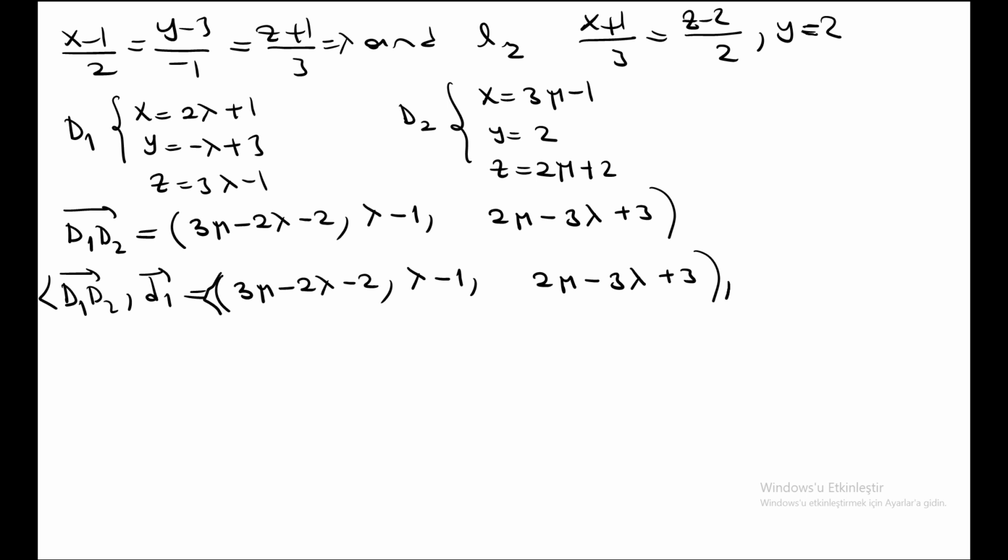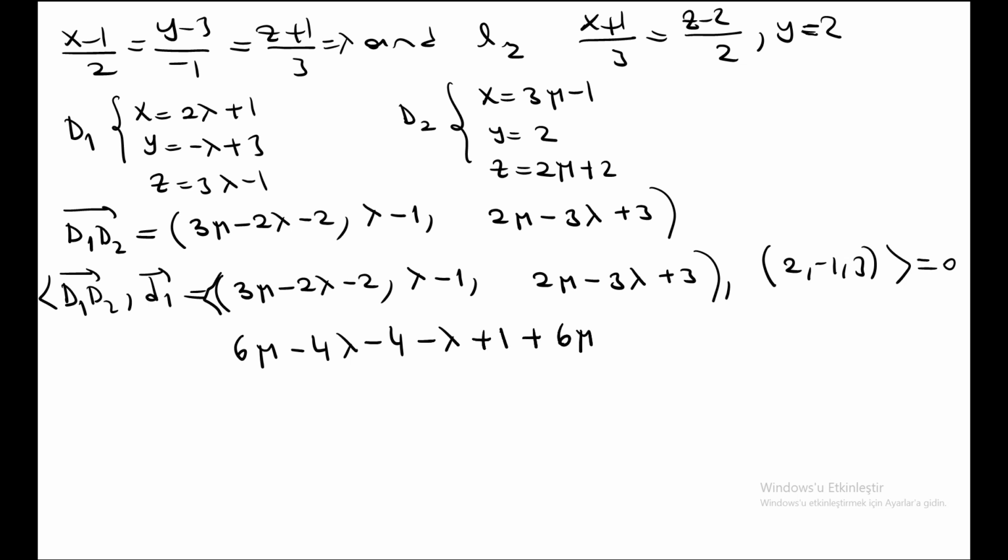Inner product with D1, which is 2, negative 1, 3, will be 0. If you calculate this one: 6 times mu minus 4 times lambda minus 4 minus lambda plus 1, plus 6 times mu minus 9 times lambda plus 9 will be 0.